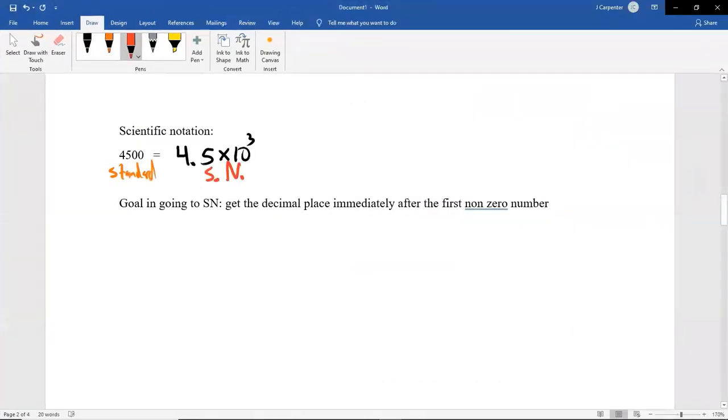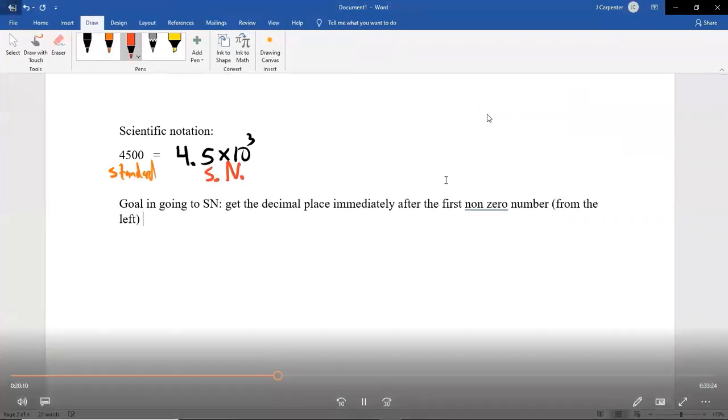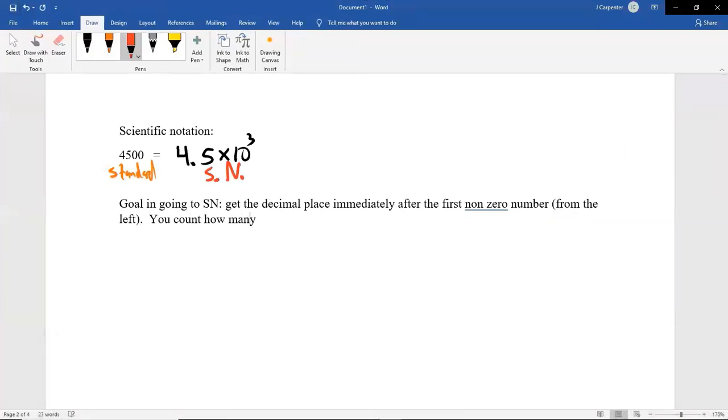By first, I mean from the left, of course. Count how many times you have to move the decimal. This will be your exponent.